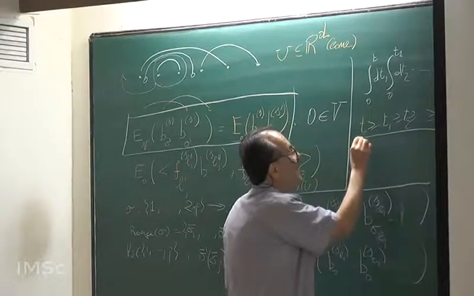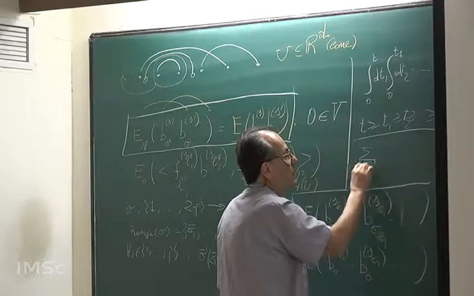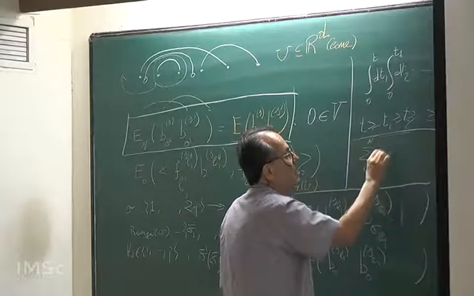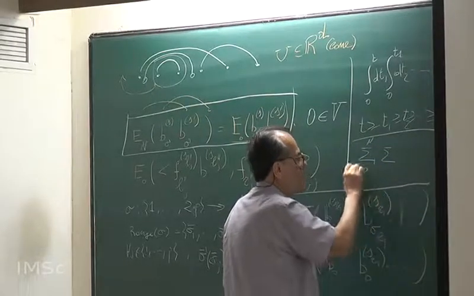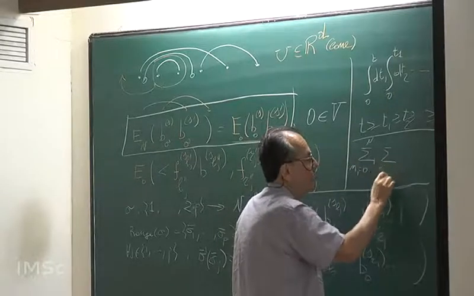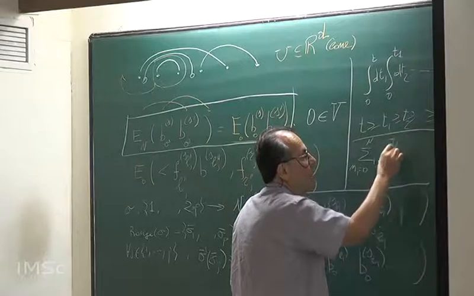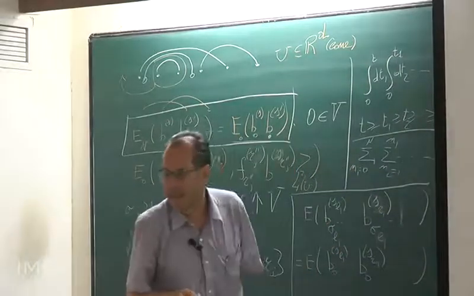Okay? The analog of this will be a sum from, say, 0 to n, the sum over n1, and the sum n2 from 0 to n1, etc. Okay? So you discretize the standard simplex.